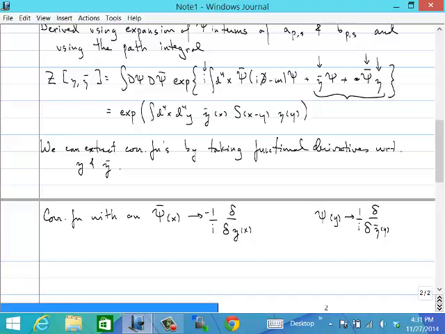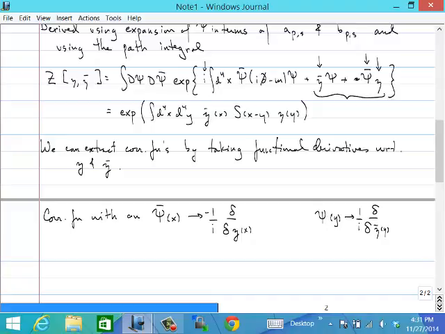And if you think about it, there's exactly one interaction that you can write down, which is cubic. It has to be a scalar, so that means that it has to involve two of these Dirac fermions. It has to involve both a psi bar and a psi, both because that's the only Lorentz scalar that we can construct, and also because it conserves charge. Remember, psi has charge plus 1, psi bar has charge minus 1, times a scalar. So I'll call that coupling Y for Yukawa.